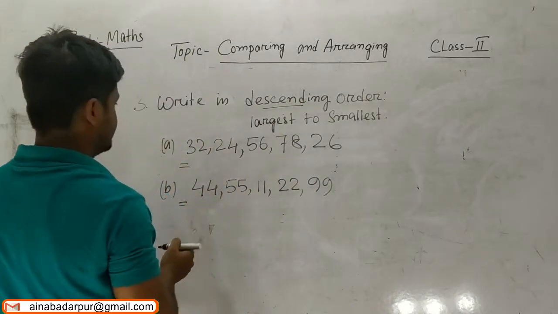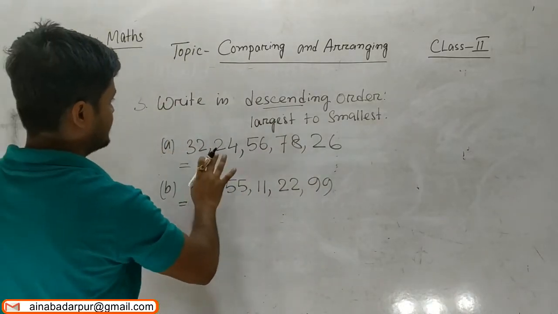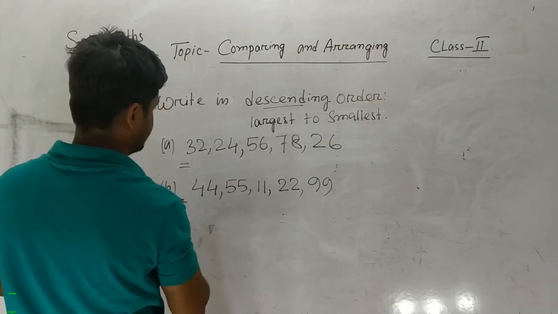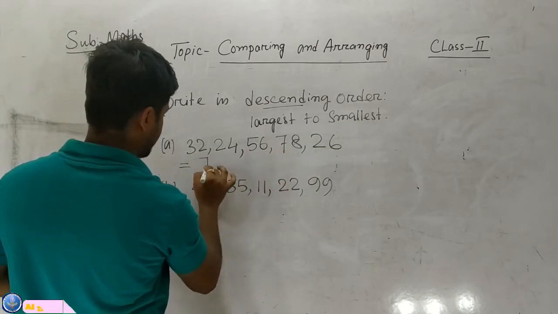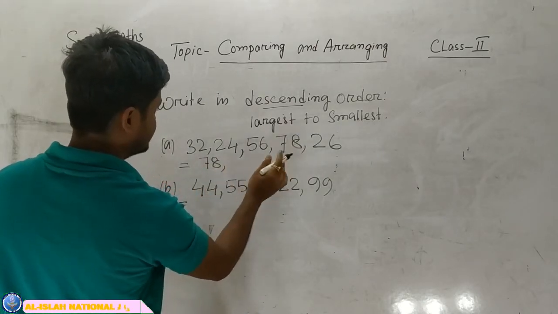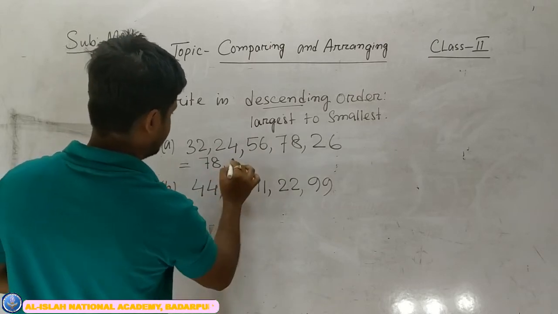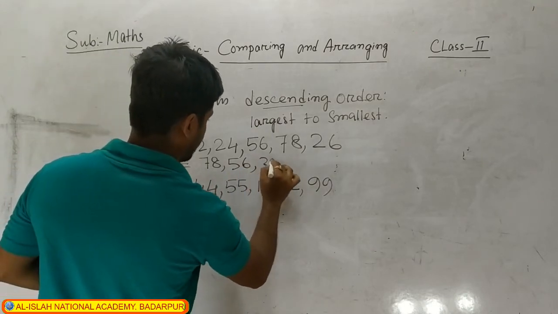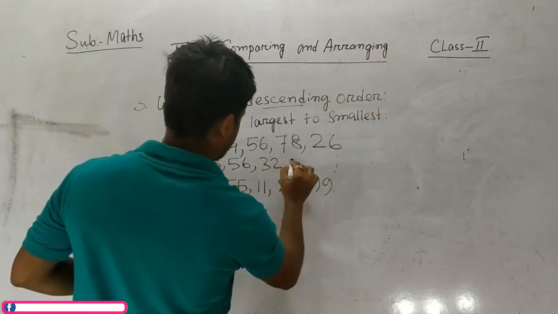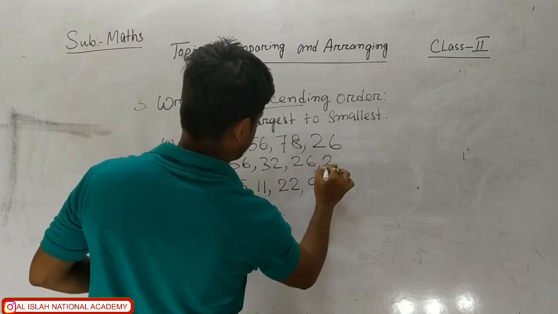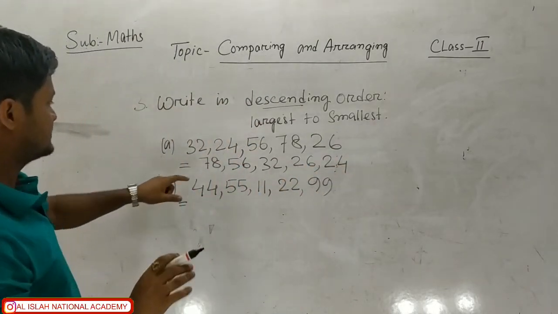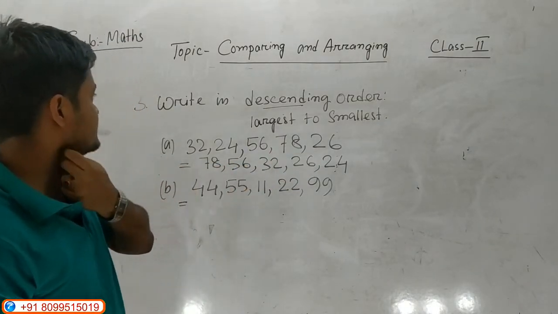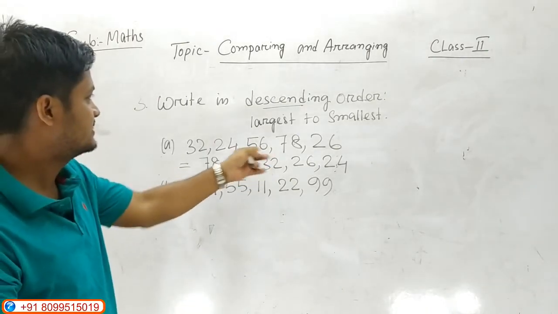So first you find out which number is largest. 78. You write 78 first. After that which number is largest? 56. Then 32, then 26, then 24. So 78, 56, 32, 26, 24: largest to smallest. This is called descending order.